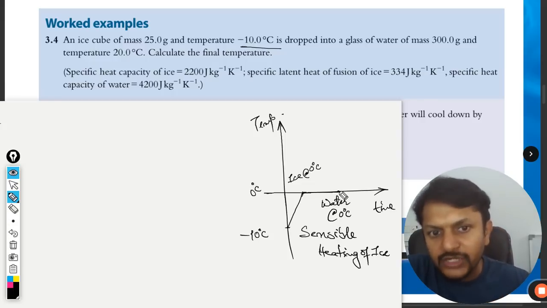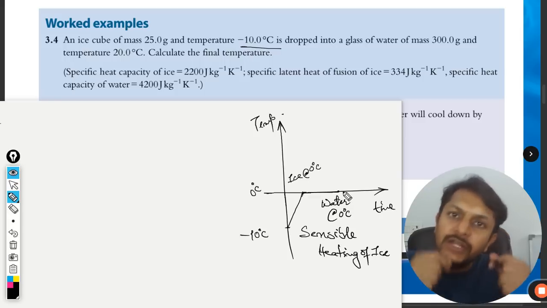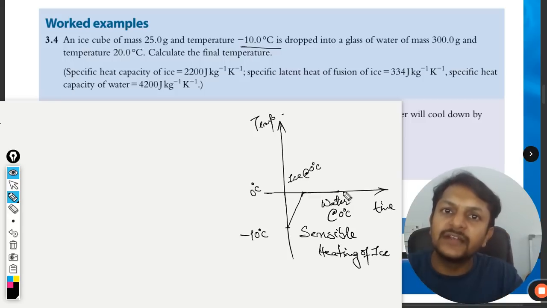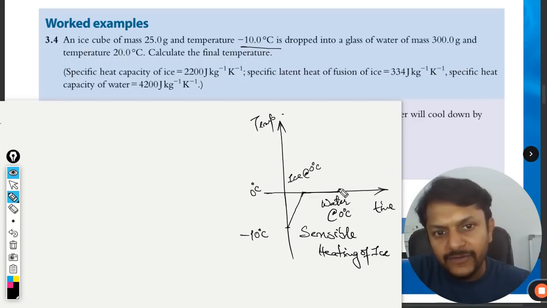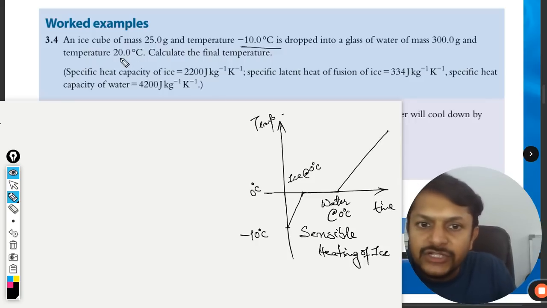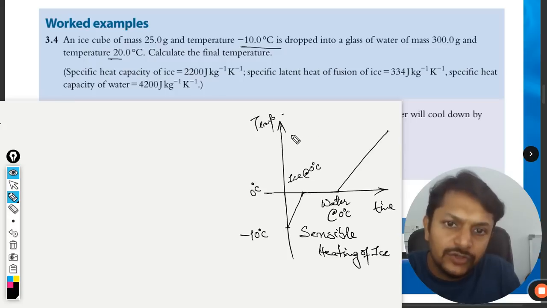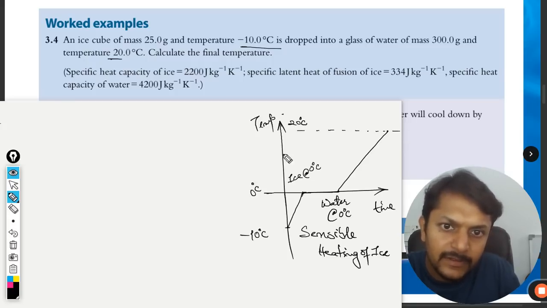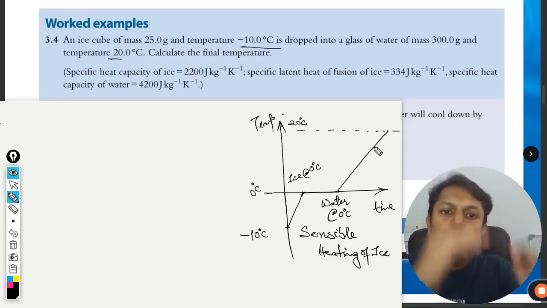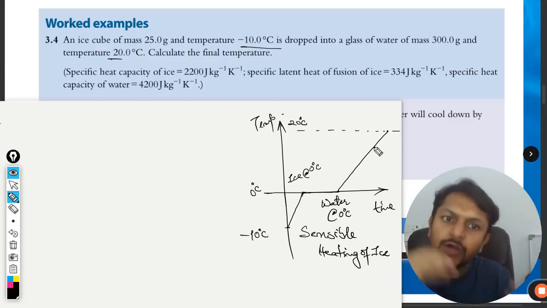Now this water, because the complete ice has melted into water, now the process of sensible heating starts again, and it will again rise to a certain temperature. So let us say there was water which was already maintained at 20 degrees C. So this temperature is, let's say, 20 degrees. This was water. So water will be losing some heat, and so the temperature of the water will go down.